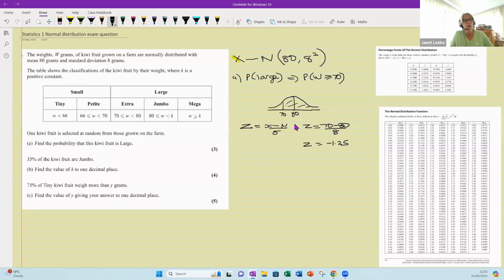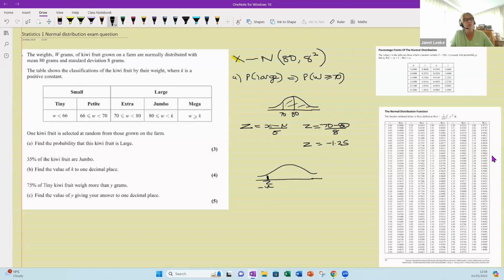Now, what we would normally do at this point is look up in the tables what probability that Z represents. But there are no negatives. Here's our table here. There are no negatives in there. But we use the fact that the normal distribution is symmetrical. If I've got this value of Z over here, that will be negative.